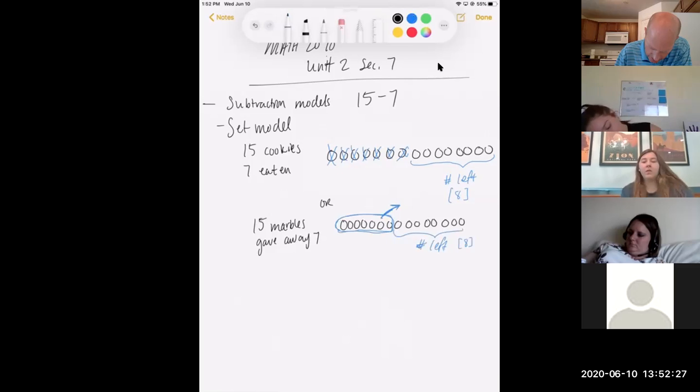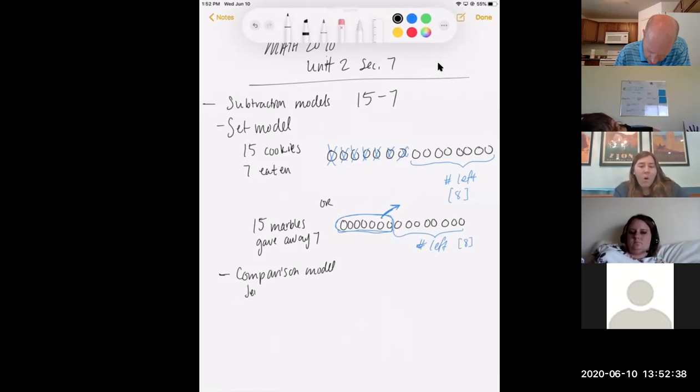Another type of model is the comparison model. Okay, let's say that Jenny has 15 cookies. Her brother has 7 cookies.